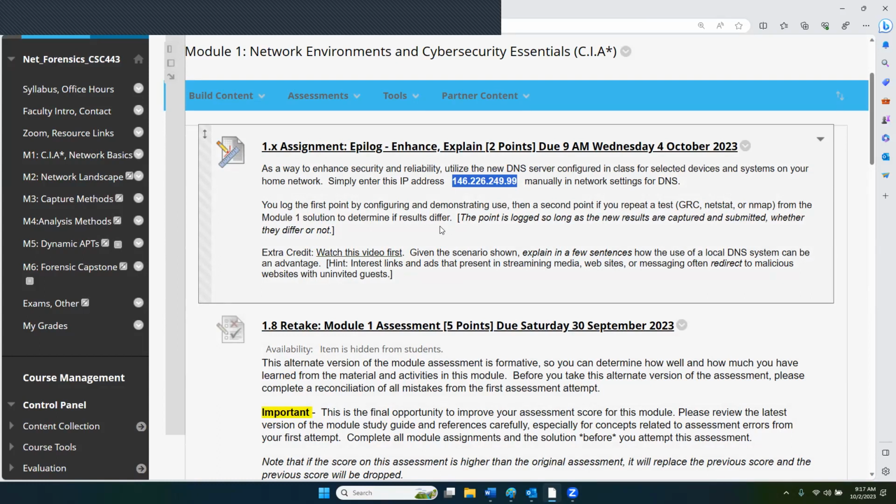And so it says you log the first point by configuring and demonstrating use. That would mean you'd have a screenshot of this setting that's been manually configured in the IP settings, and then you'd have some basic web browsing to a novel web browser.